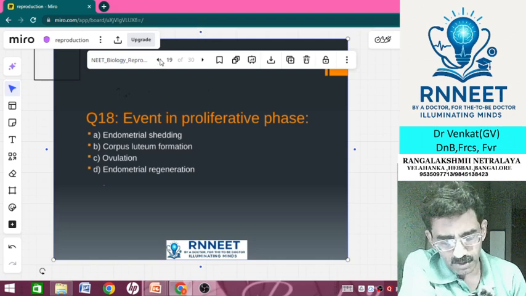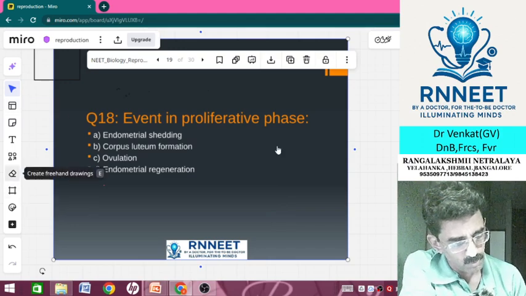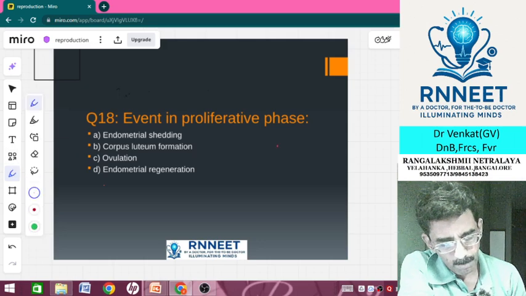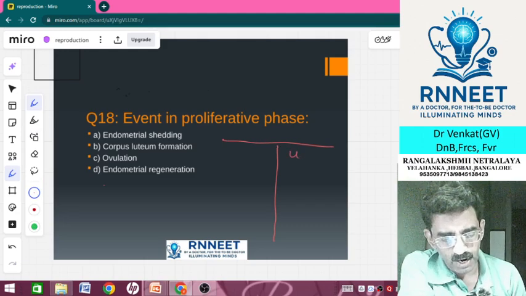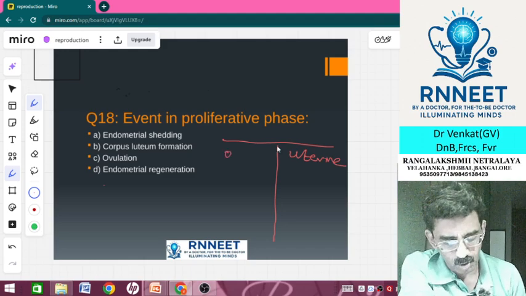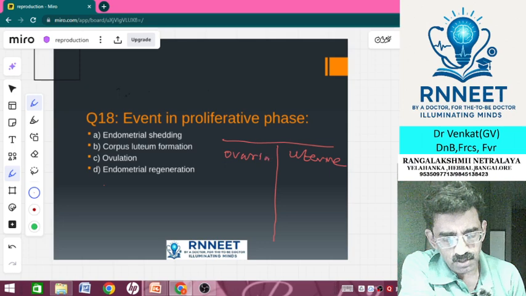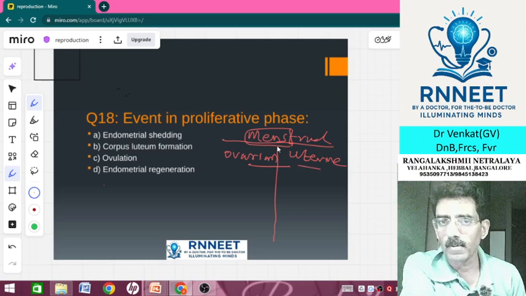If I were to divide it into two parts, we will divide it into the endometrium phases, the uterine phases, and what happens in the ovary, the ovarian phases. So if you want to learn menstruation, remember it in these two parts, the uterine phase and the ovarian phase.